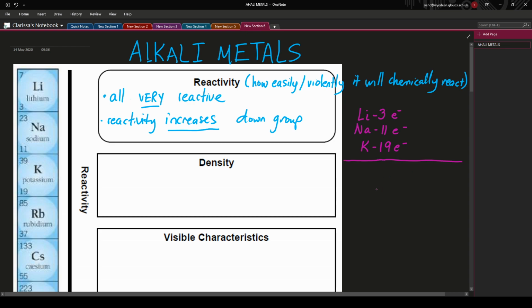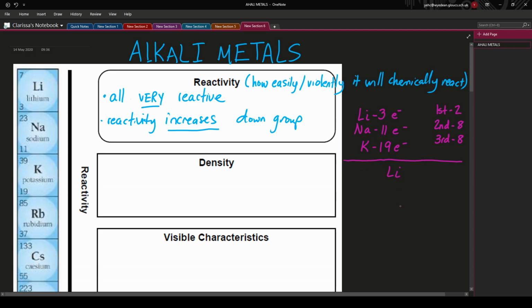So if I were to draw out the electronic structure, so where the electrons are in lithium, remember that the first shell can only hold 2 electrons, second shell can only hold a maximum of 8, third shell can hold a maximum of 8.